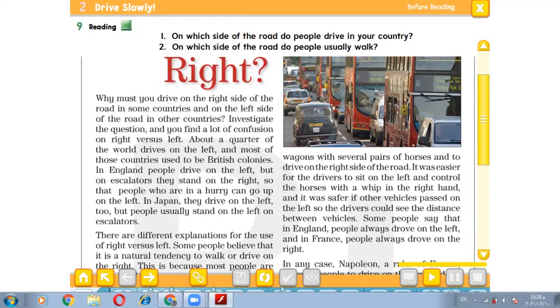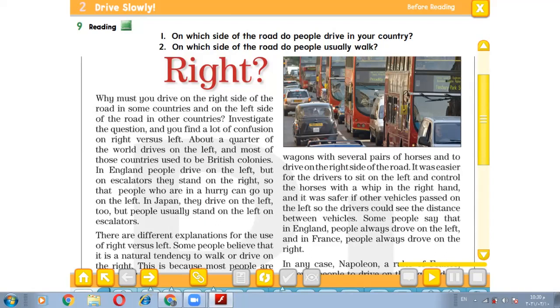In England, people drive on the left, but on escalators they stand on the right, so that people who are in a hurry can go up on the left.